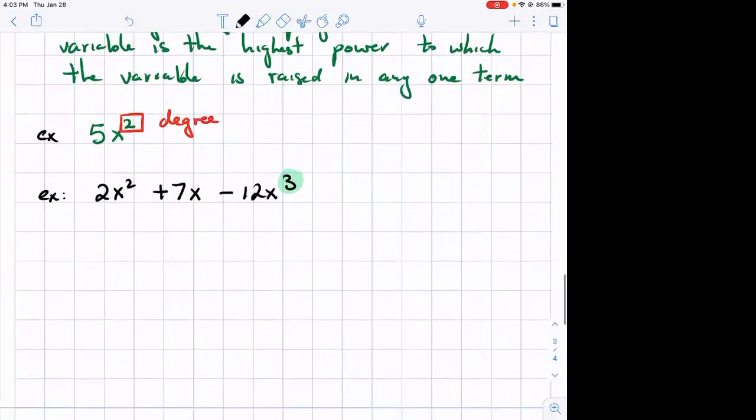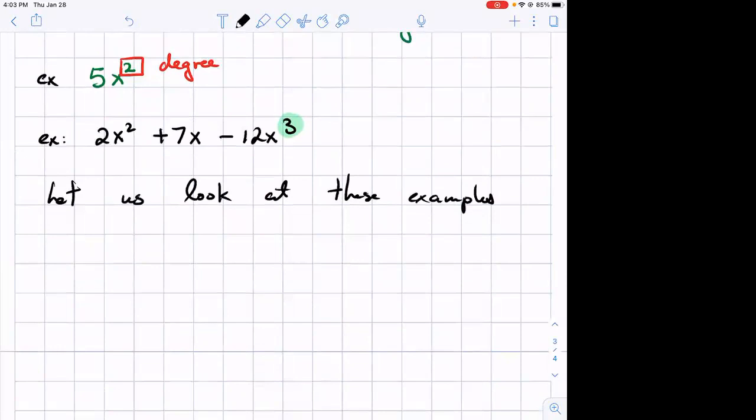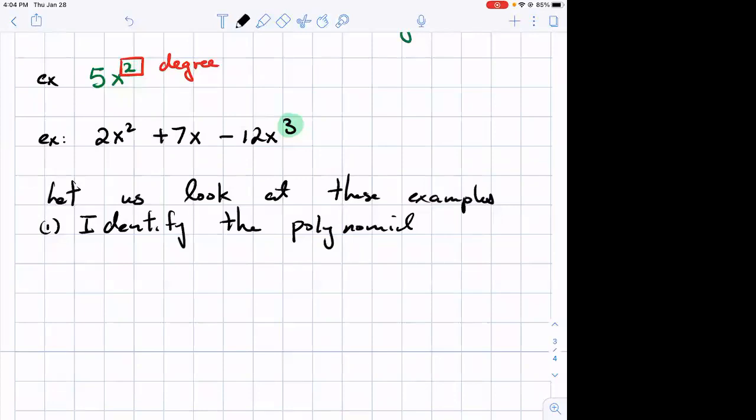So let's look at some examples now. Suppose I ask you to identify the polynomial and the degree of each polynomial.